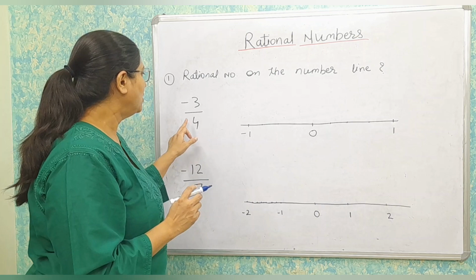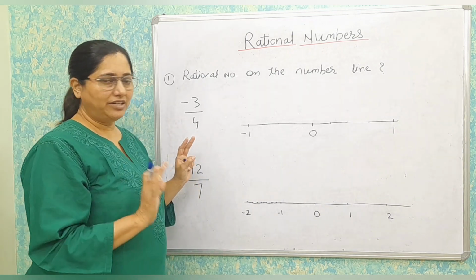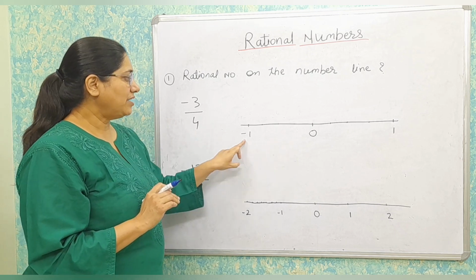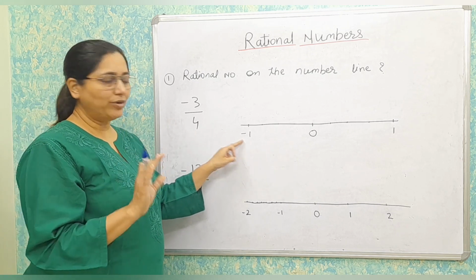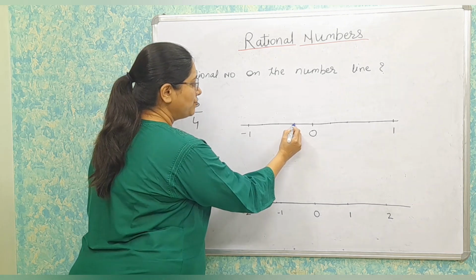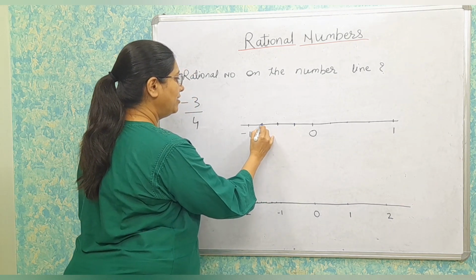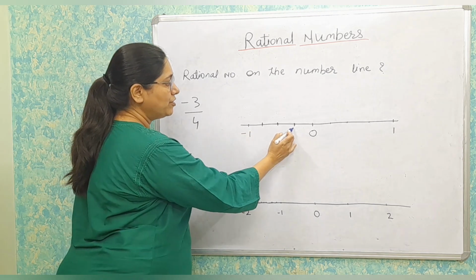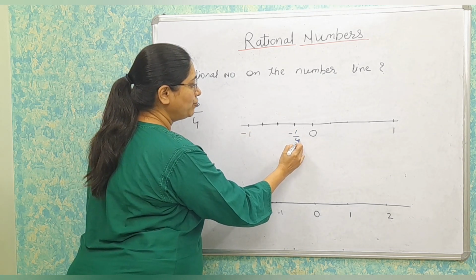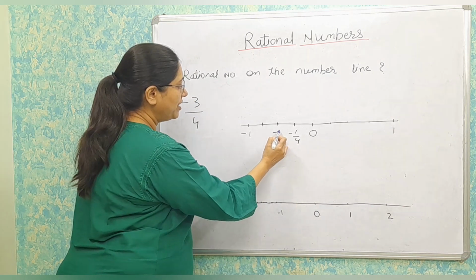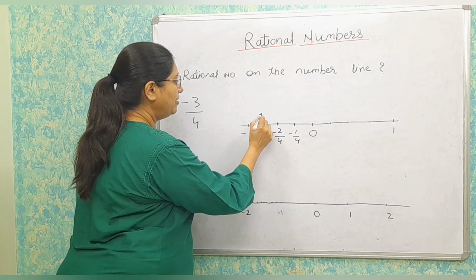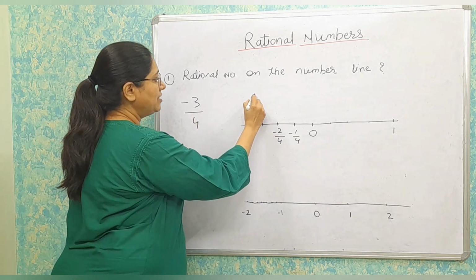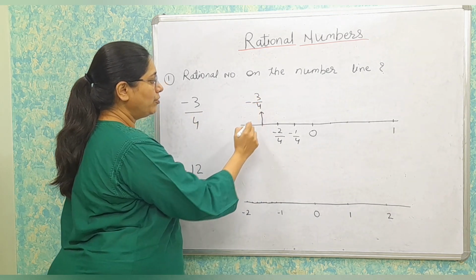I can explain you. First we will find out what is the denominator. Denominator is 4. It shows that this minus 1 is divided into 4 equal parts. This is first, second, third and fourth part is minus 1 itself. So first part will be minus 1 upon 4, second part minus 2 upon 4 and the third part which we have to represent is minus 3 upon 4.